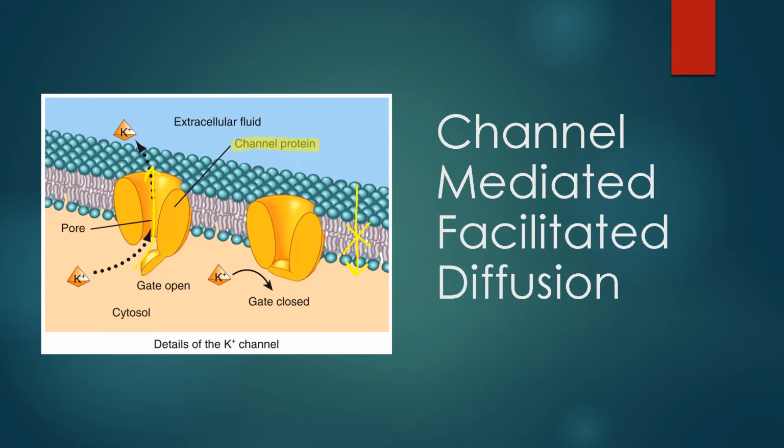So they're still moving from an area of high concentration to an area of low concentration of potassium in this case. So it's down its concentration gradient, so it is a natural movement, and doesn't require any energy input. Just needs a little pore to move through.